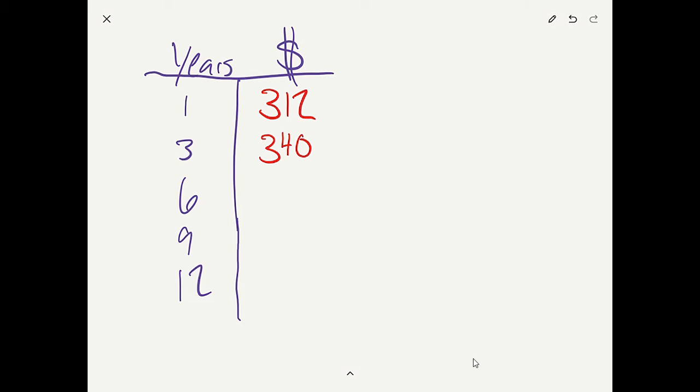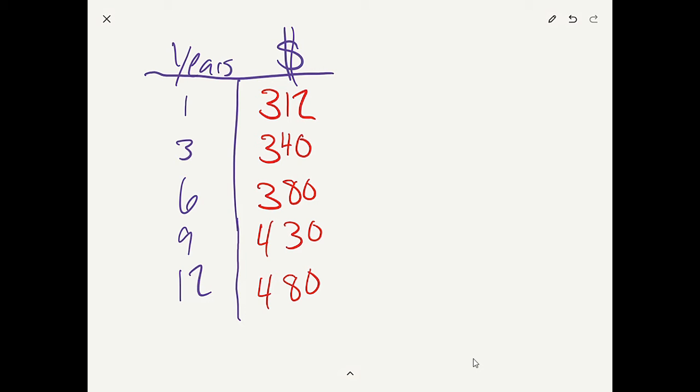How much after 6 years? 380. After 9? After 12? 480. Okay. You could probably tell this relationship is proportional right now, based off of the information they gave you at the beginning.